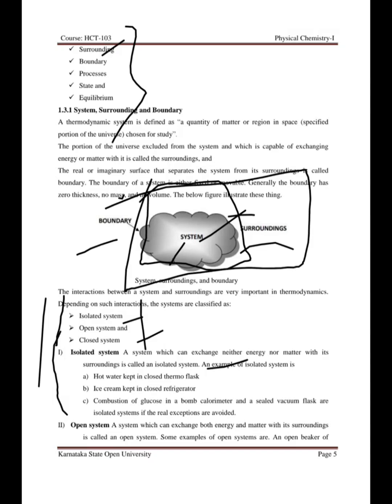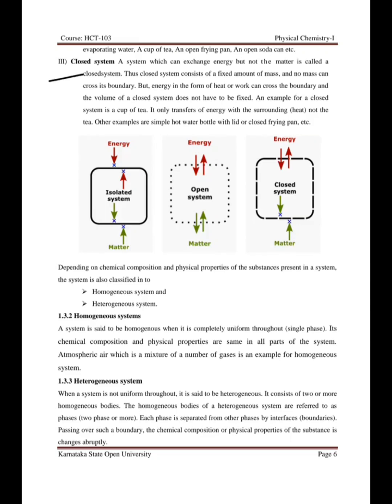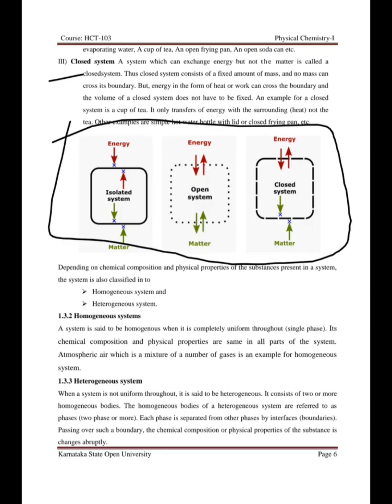Next is the closed system. A closed system is a system which can exchange energy but not matter. It can only exchange energy, but matter cannot be exchanged. That is the closed system.